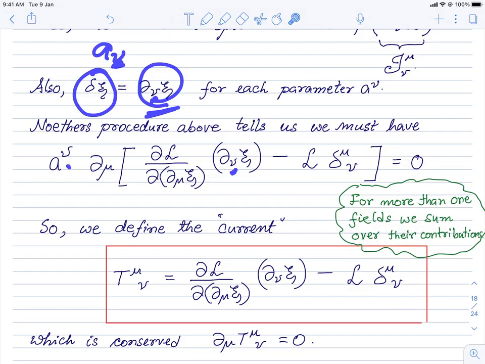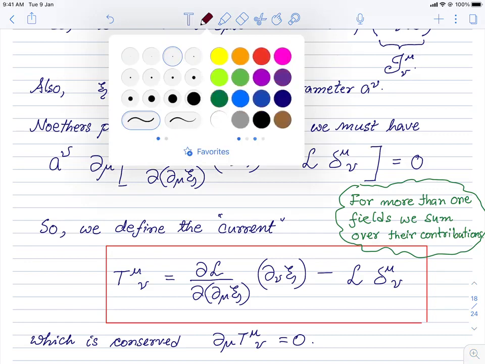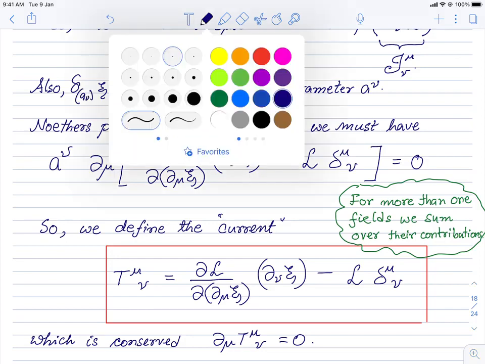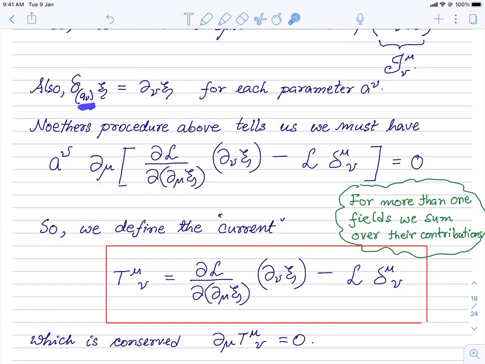Maybe here I can write this as, I don't know if that's a good notation, this variation for every a nu. So this is the nu index which is there, which is del mu xi. Then this nu index must contract with this del mu xi here, and the j mu remains as it is, but the mu index contracts with the a index here for every parameter.